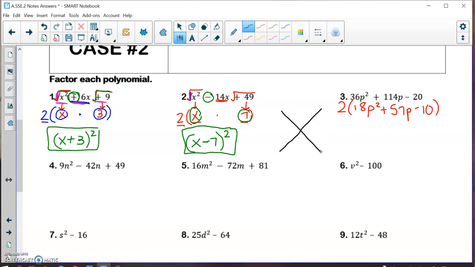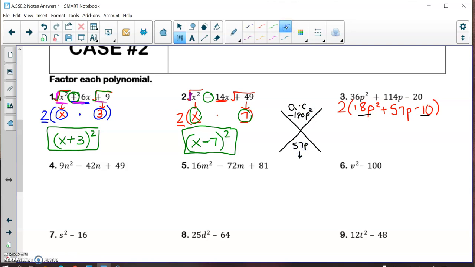So if you cannot use the perfect square trinomial shortcut, then you will need to use either the box or the x method. So on the top of your x is your a times your c, your 18p squared times your negative 10, which is a negative 180p squared. And in the bottom of your x is your b value, which would be 57p.